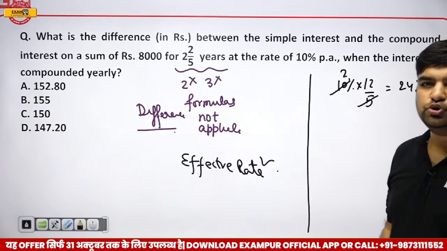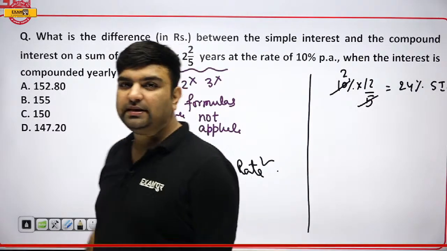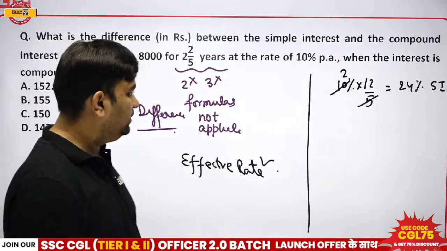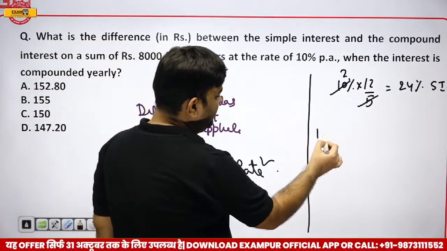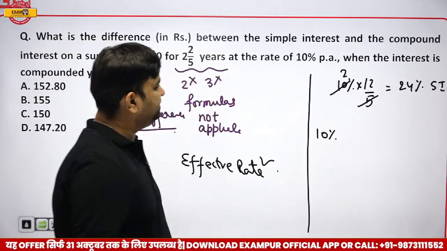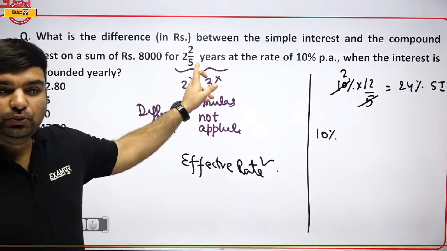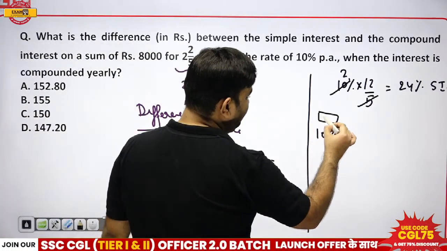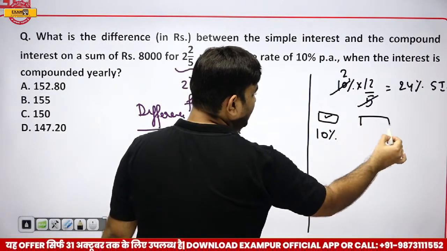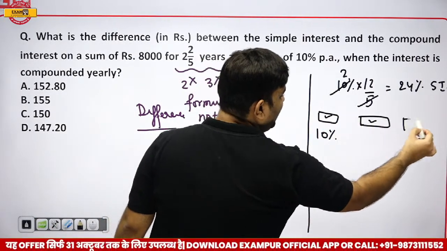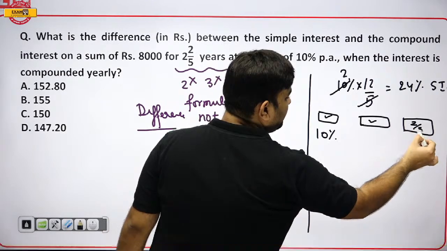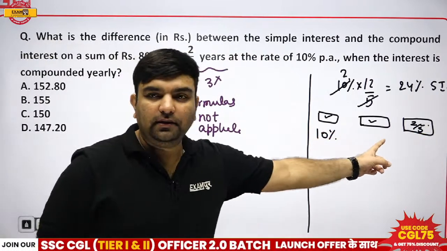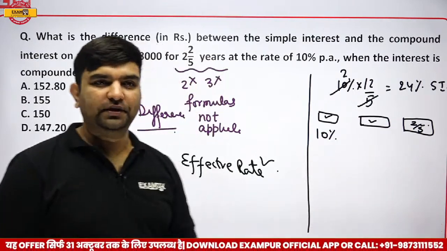SI is R into T. Whereas CI is 10% in the first complete year, 10% in the second complete year, and then 2 by 5 of the year for the third.